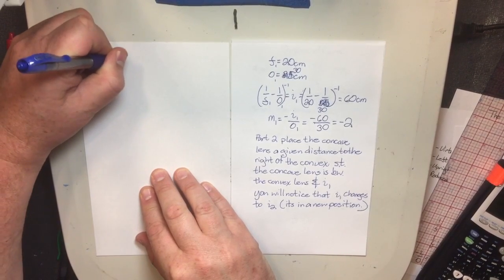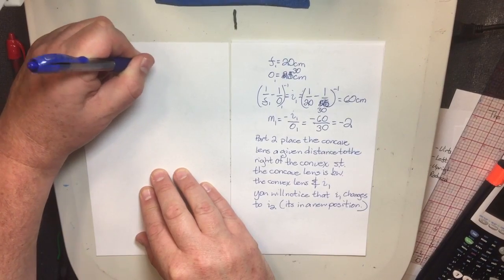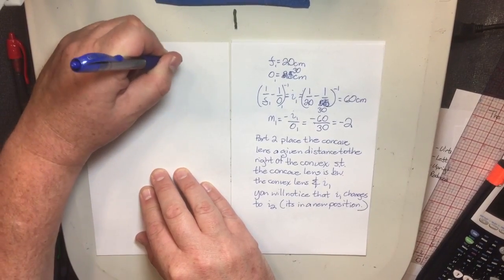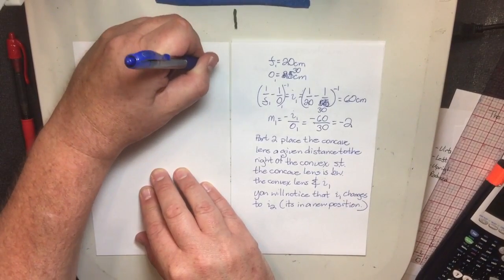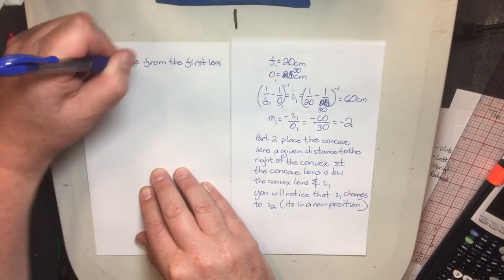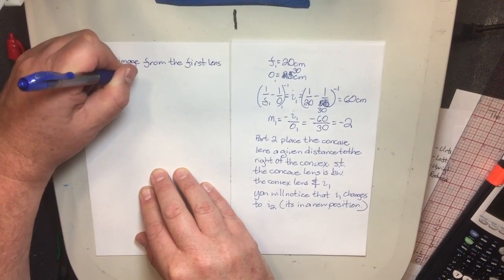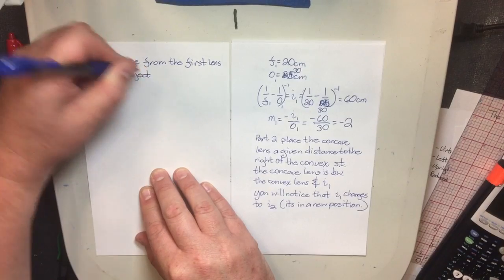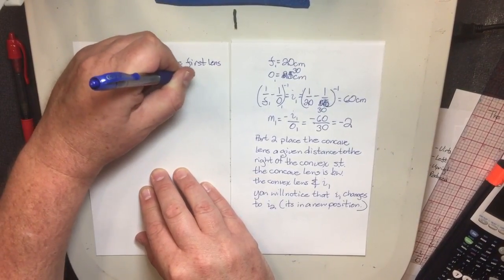The image from the first lens is the object of the second lens.